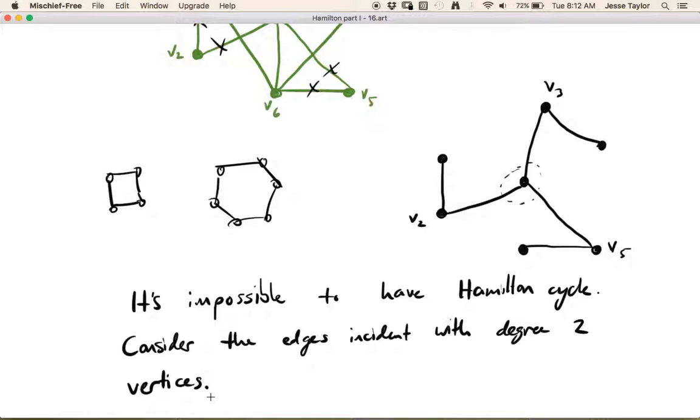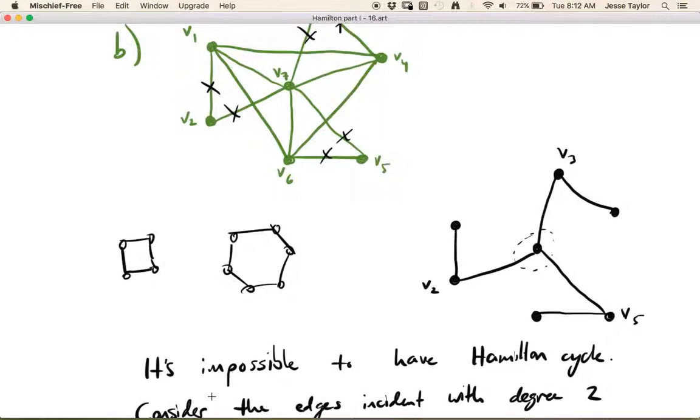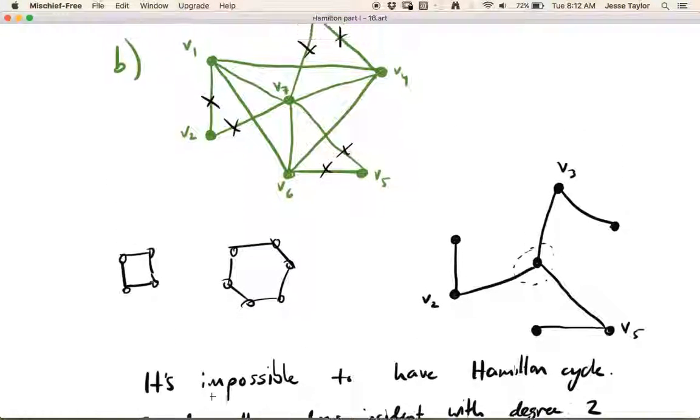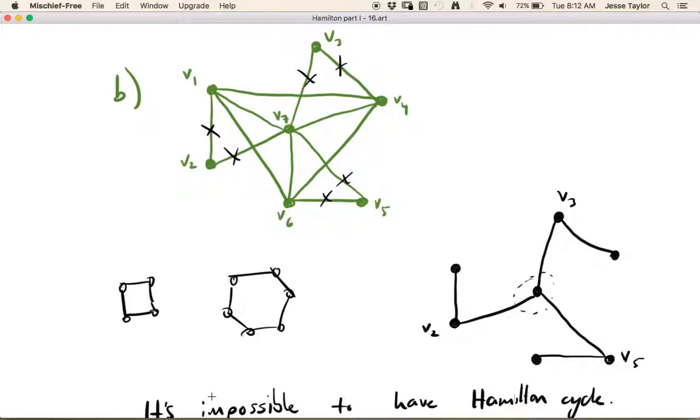If you were doing this in a homework or something, you would have to give better justification than what I've written here. It would involve drawing this picture and explaining that when you get this degree 3 vertex using only required edges, the only edges we've included over here were required ones, then you've guaranteed that you can't have a cycle.